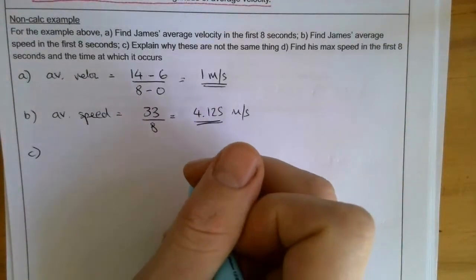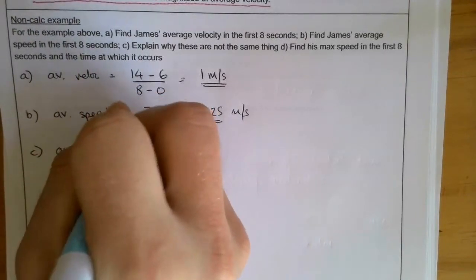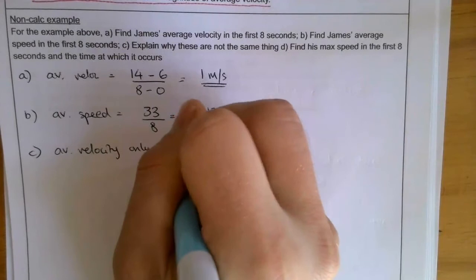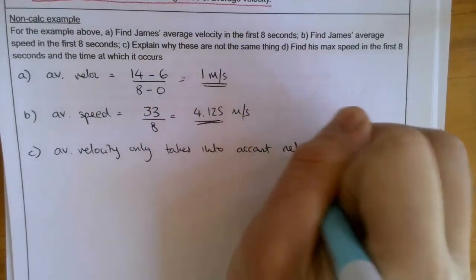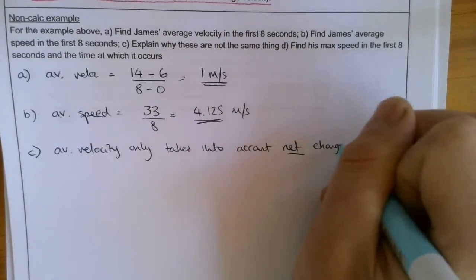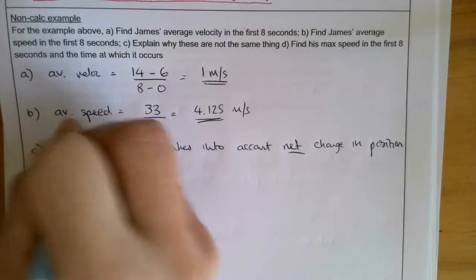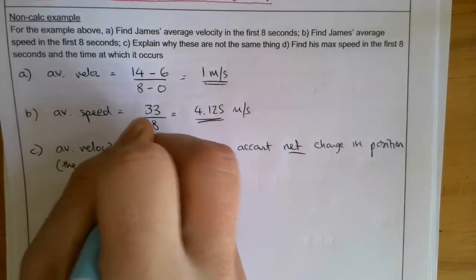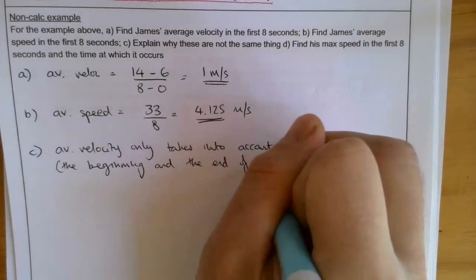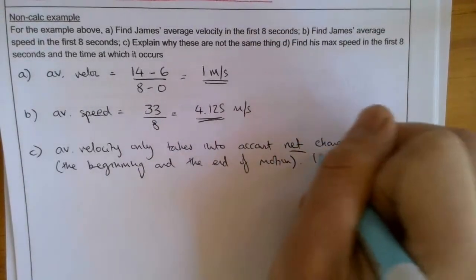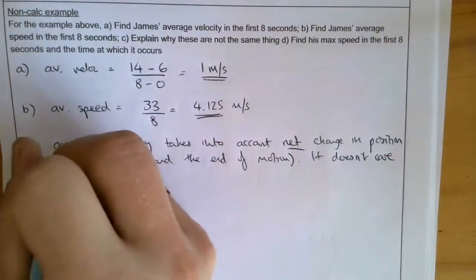The simplest thing I want you to take away is that average velocity only takes into account the net change in position, so the beginning and the end. It doesn't care what happens in between.